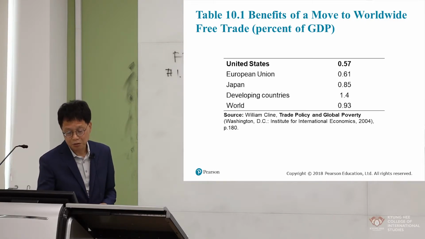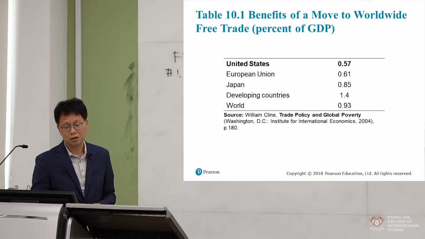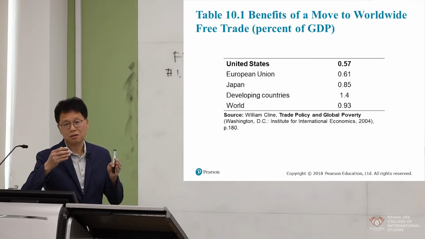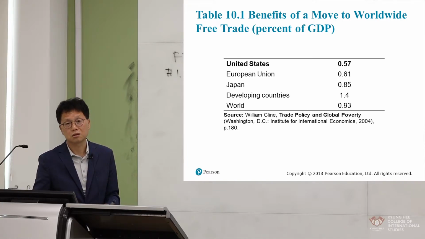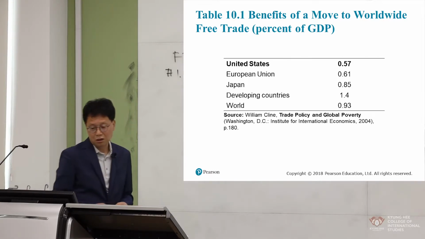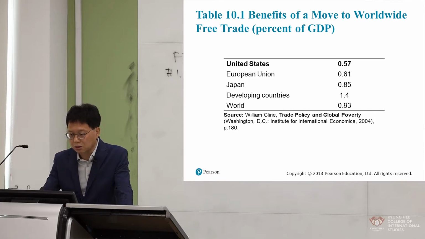The scenario of this one is a reduction in remaining tariffs in goods, manufacturing and the agricultural sector. Then it is calculated like this. That is the assumption of this simulation. And the second assumption of this simulation is that it just measures static gains. Static gain.